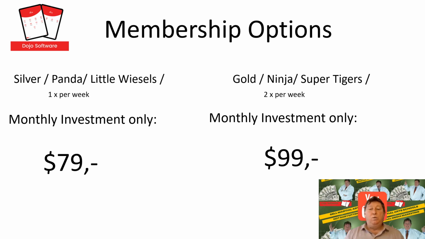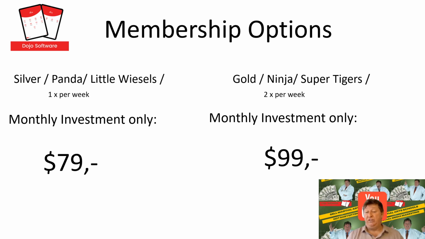Did you hear some of the words that I said here? All right. Once again, you're only investing $79 a month. The next one I said, but what most people do is they take the Ninja membership, and that's 2 times a week.